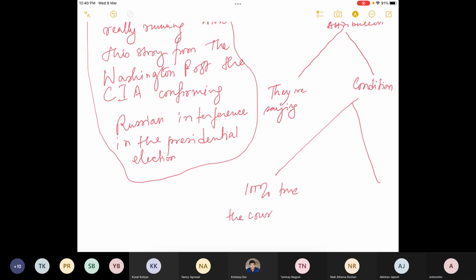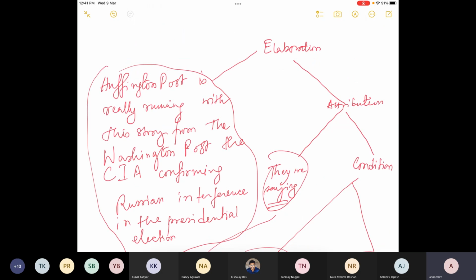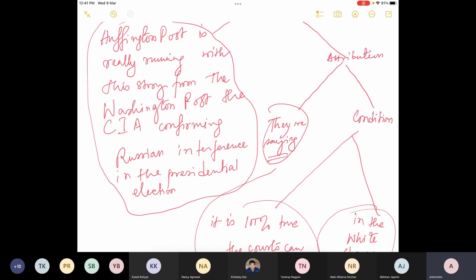The courts can put Hillary in the... So this is a single sentence, made of different clauses, and the clausal structures are interrelated by different rhetorical forms. The first is an elaboration, and the second, which is a kind of paraphrasing, has an attribution as well as a condition under the attribution.